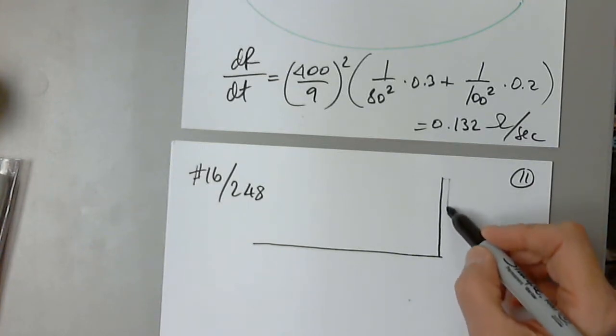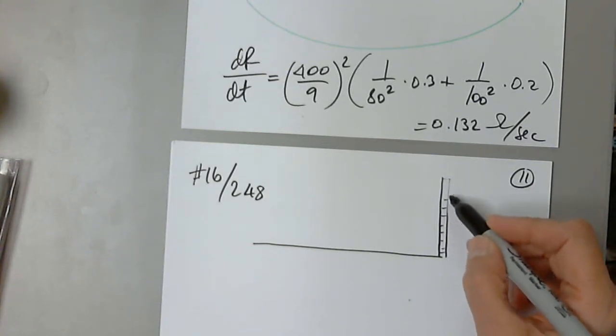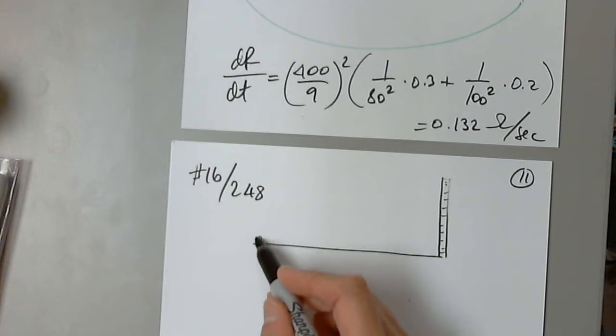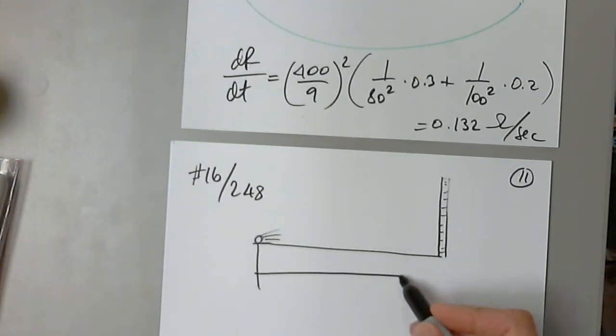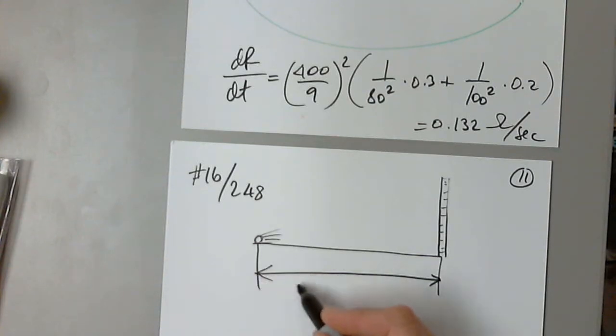Here's the wall. Here is the spotlight. And here's the distance of 12 meters. This is what I know from the first sentence. Any questions? Okay so far?